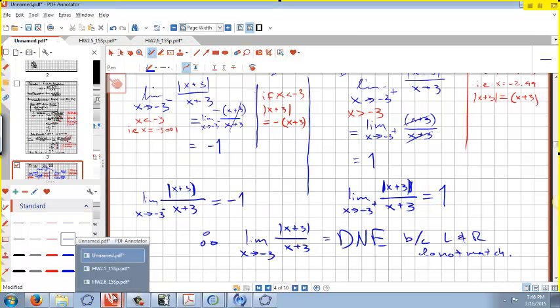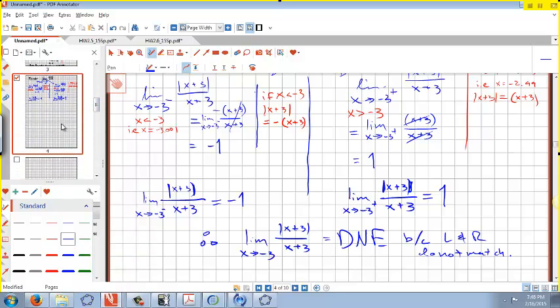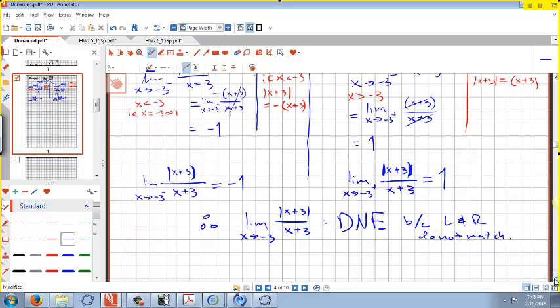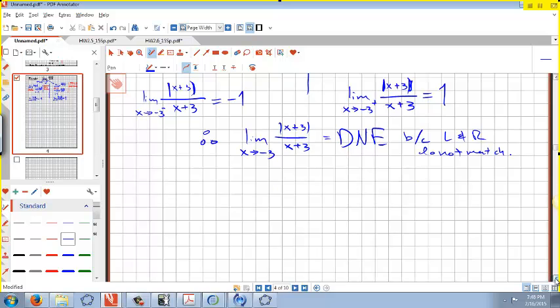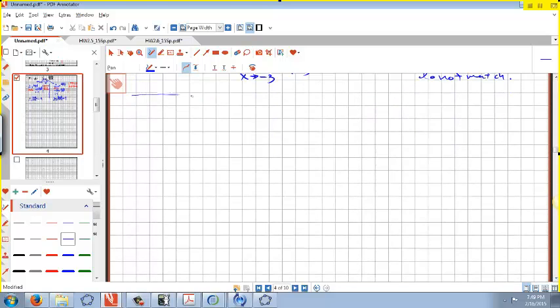You're almost always going to have the same horizontal asymptote in both directions, if there's not a square root of an x squared or an absolute value or something that could cause the negative values to be different than the positive values. And in fact, in this case, we have to check both sides. So I'm just going to write this down.